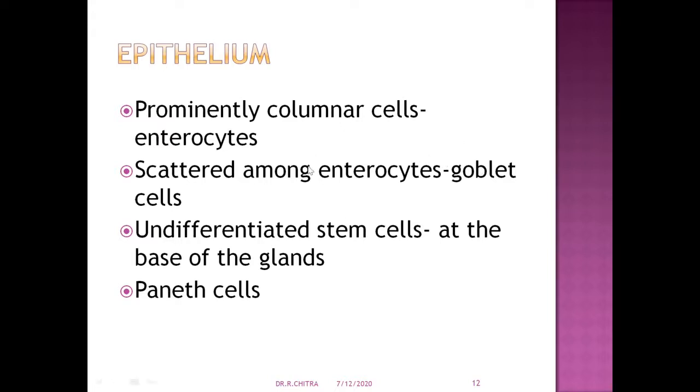But in both systems, they differ in number. In the GIT, they increase in number from the small intestine onward. In the respiratory system, they decrease in number from the proximal part, the trachea, to the lungs. That is the difference we have to see. Only in two systems can we see these goblet cells prominently. Other cells are the undifferentiated stem cells and the Paneth cells.